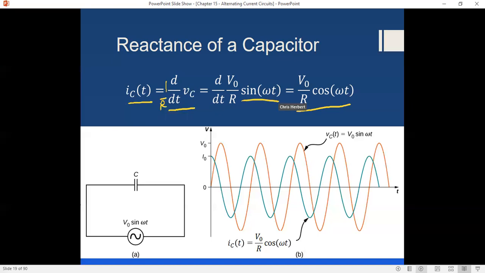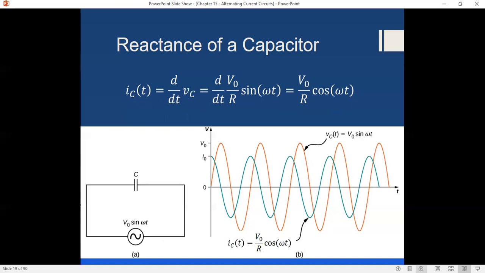But the derivative of sine gives me cosine. Likewise, if we just think it out, we clearly see that down here in this graph, this is a sine function, whereas this, the current, is a cosine function. Cosine is 1, where it's maximum, at t equals 0.